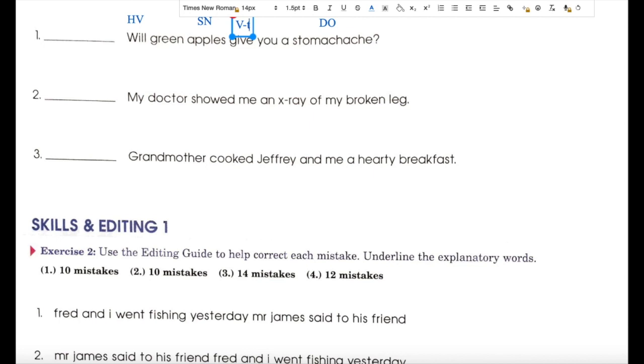Apples will give stomach ache to whom? Answering to whom, the answer is you. That means it's an indirect object. A is always an article adjective. What kind of apples? Green. Adjective.